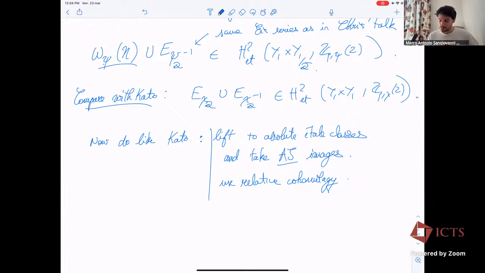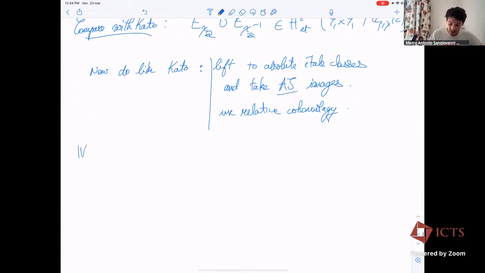Okay, so this is essentially the construction, the key construction, and so to finish in the last 10 minutes, let me talk about what the main application is and state exactly what we prove. So applications.